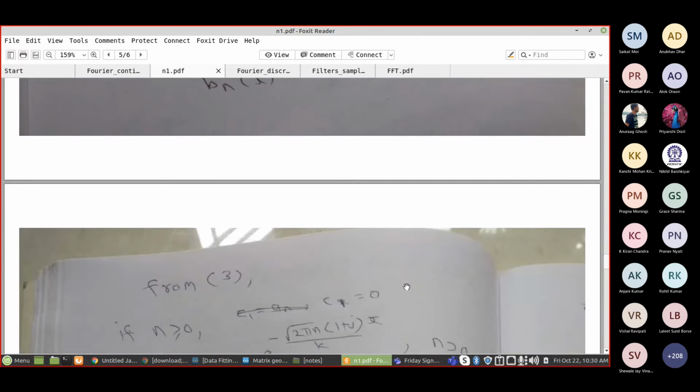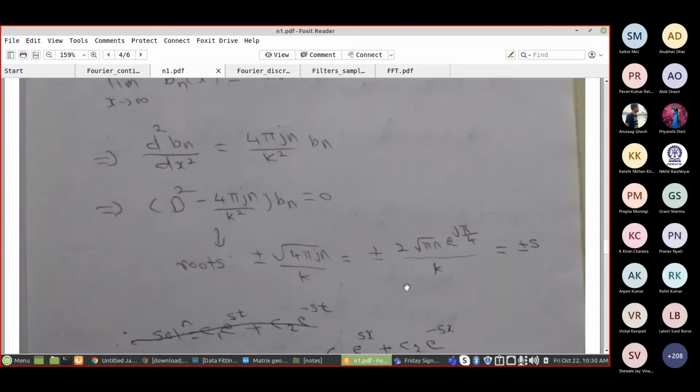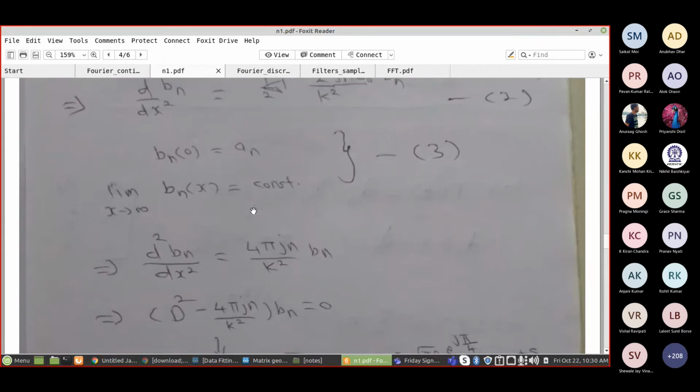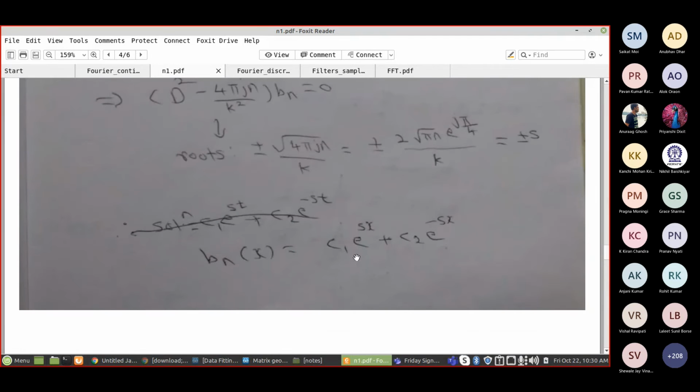Okay, so let us proceed. We know that at x equal to 0, this is An, and as x tends to infinity, this stays constant. So we need to look at these two expressions now. And there is this square root of n also. n takes both positive values as well as negative values, and likewise for x.